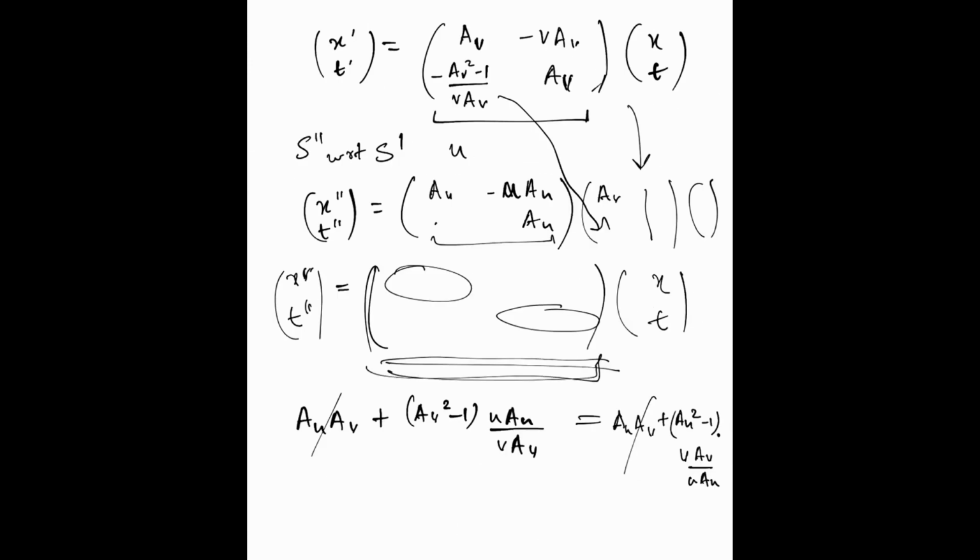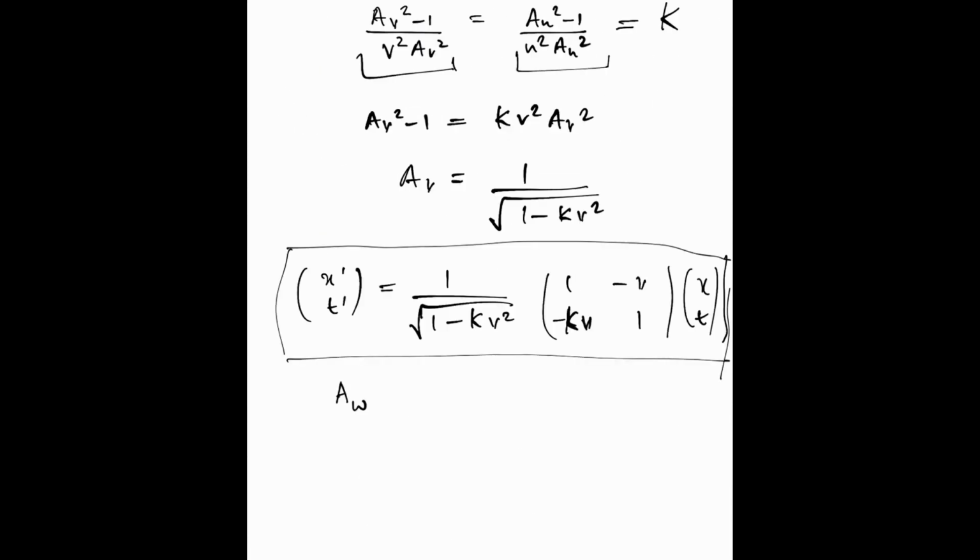This corresponded to AW, all right? This whole term was actually AW. All right. So AW equals AU AV plus (AV square minus 1) U AU by V AV equals AV, I'll use this notation here, (1 plus K times UV). All right.